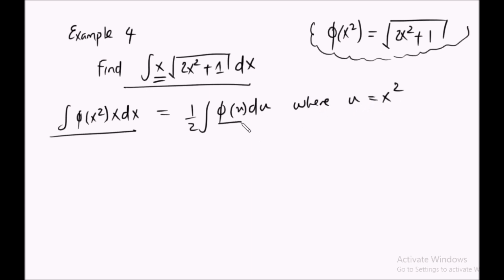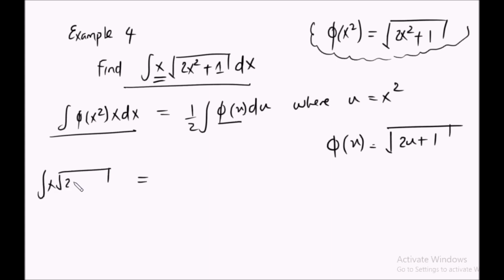So I need to find psi u, okay? So kama psi u ni huyu, kama psi of x squared ni huyu, psi of u when u is x squared itakuwa nini? 2u plus 1. Hapa kwenye x squared naweka u. Okay, so now I can apply the formula. So huyu sasa x 2x squared plus 1 itakuwa sasa na 1/2.